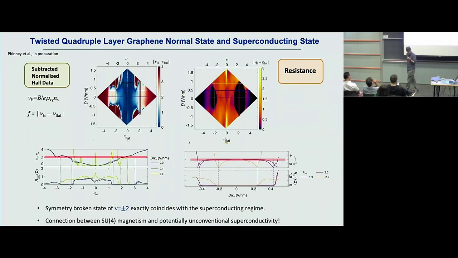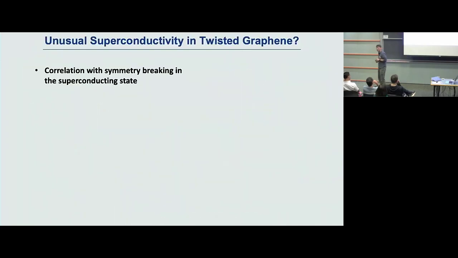So the first rather interesting statement one can make is that, at least it seems that in this twisted layer system, superconductivity is related to the broken symmetry state, and whenever the broken symmetry state is there, superconductivity exists. That already gives you a hint that some unusualness may come in.